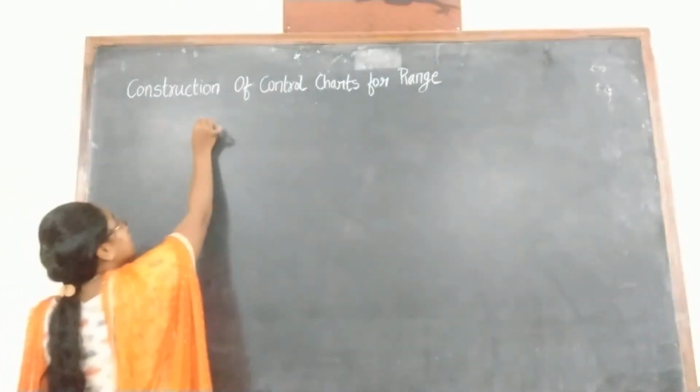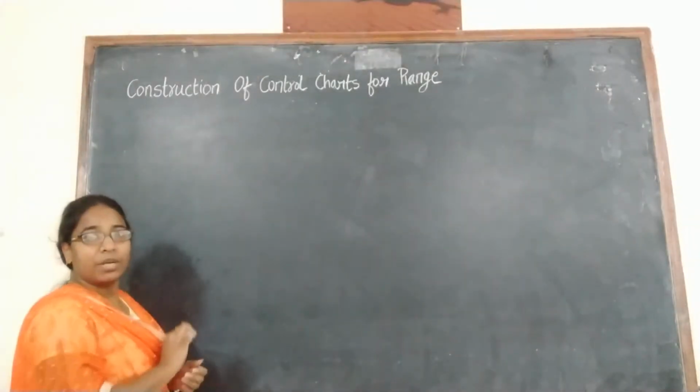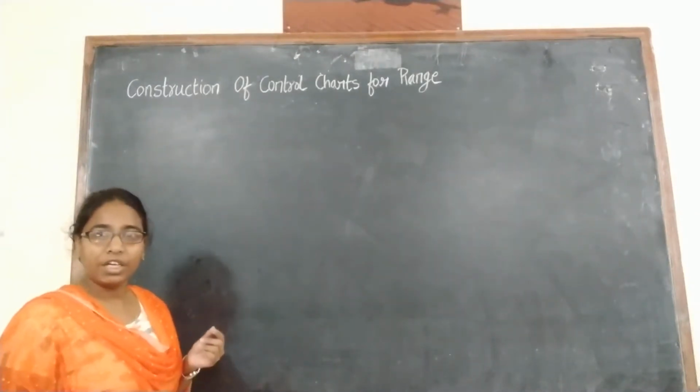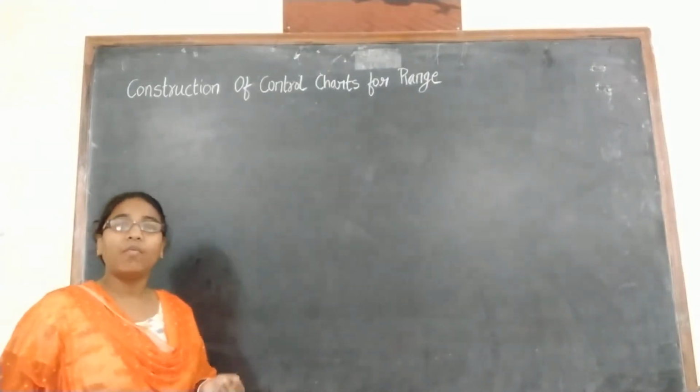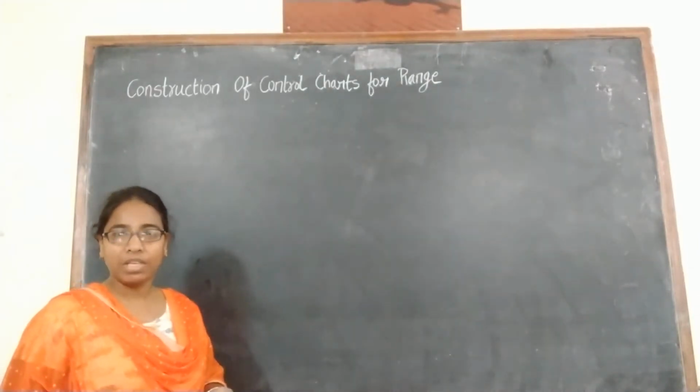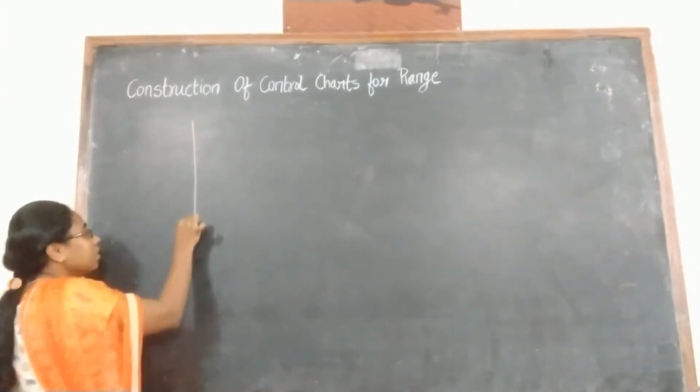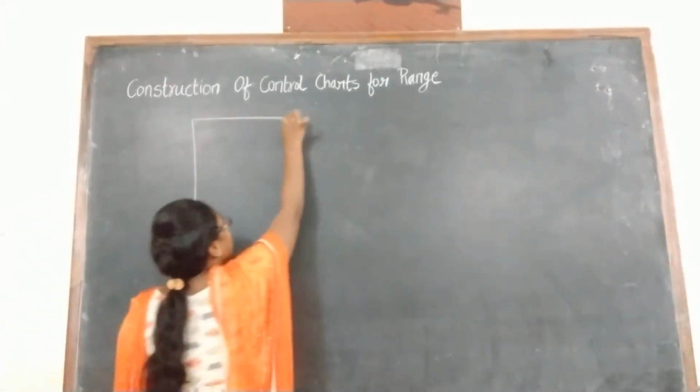First we will consider a population in which there are k samples. A population related to the production process where the quality is measurable will be considered. So suppose I'll show a sample of the population.